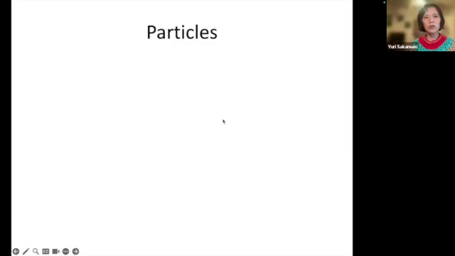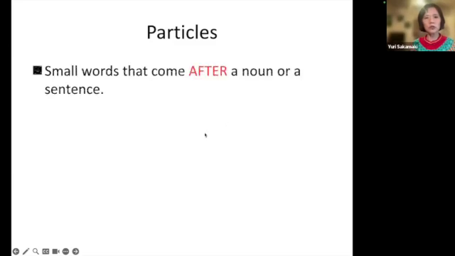All right. So let's talk about particles. Particles are small words. There is really nothing equivalent in English. The closest thing would be prepositions such as of, in, at, but particles and prepositions behave differently.